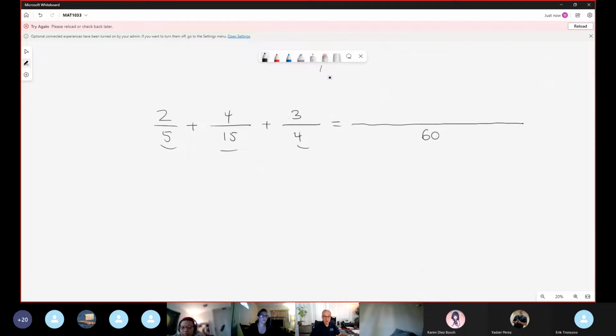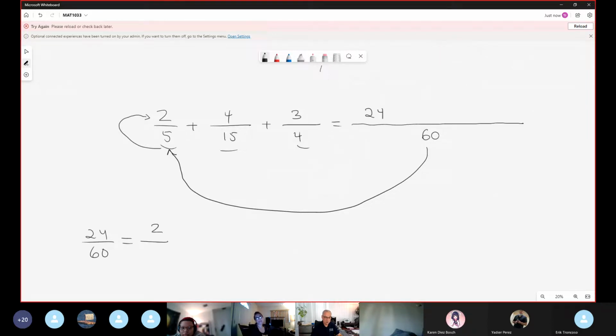So now step 2 is the most confusing part. You divide 60 by 5, and multiply by the corresponding numerator. 60 divided by 5 is 12. 12 times 2 is 24. I guarantee you 100% that 24 over 60 is equivalent to 2/5.